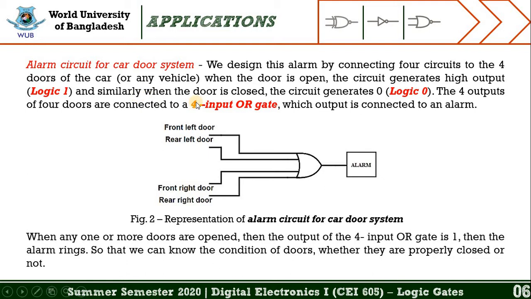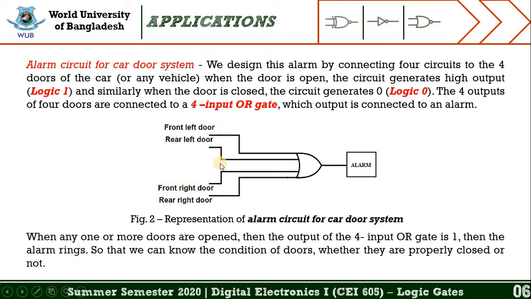Similarly, when the door is closed, the circuit generates logic 0. The 4 outputs of the doors are connected to a 4 input OR gate, whose output is connected to an alarm.